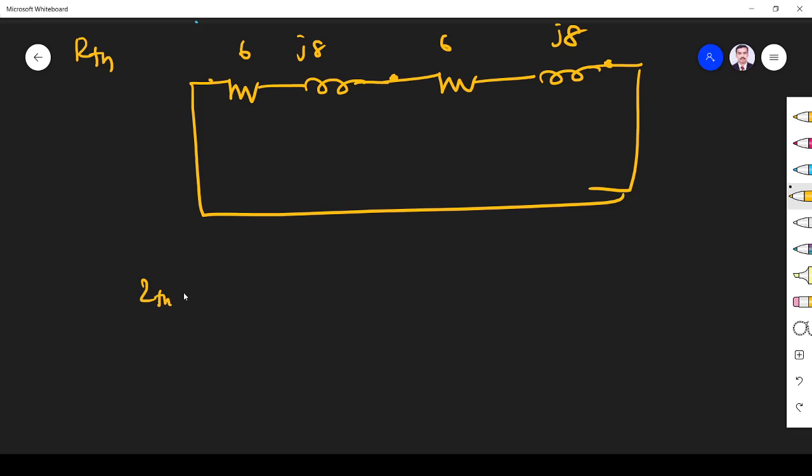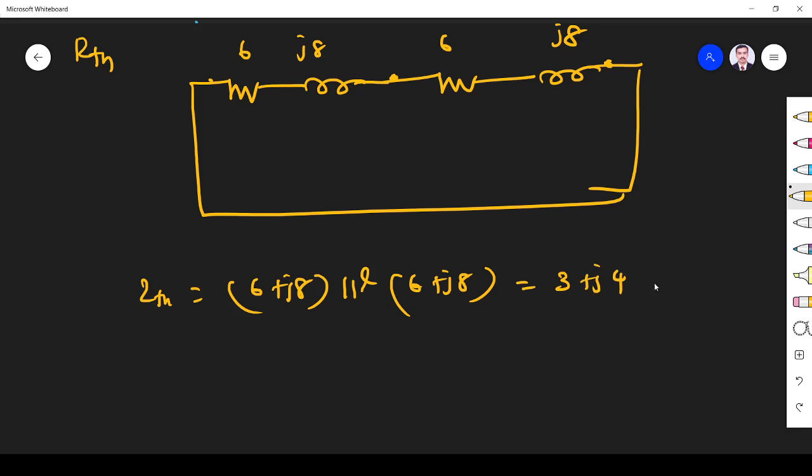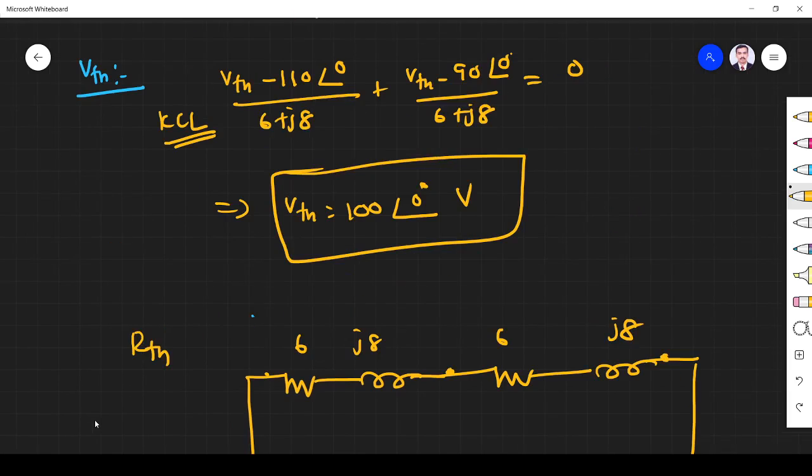So ZTH is 6+j8 parallel with 6+j8. If two equal impedances are in parallel, the equivalent is half of it. So 3 plus j4 ohm. So ZTH we found.